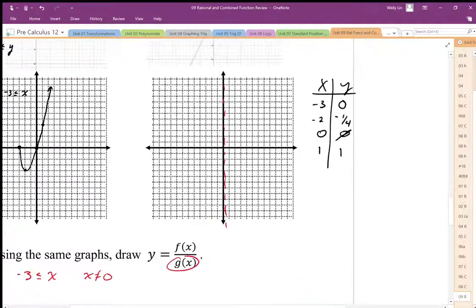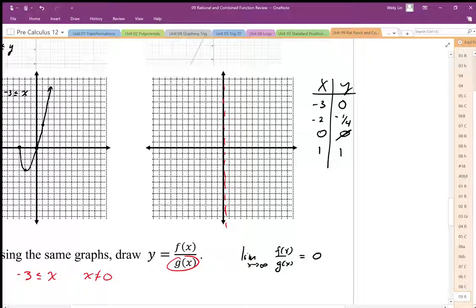If we have a square root function over a linear function, the numerator is less powerful than the denominator, so this is going to tend towards 0 as x goes to infinity. So we know that the limit as x goes to infinity of f of x over g of x is 0.